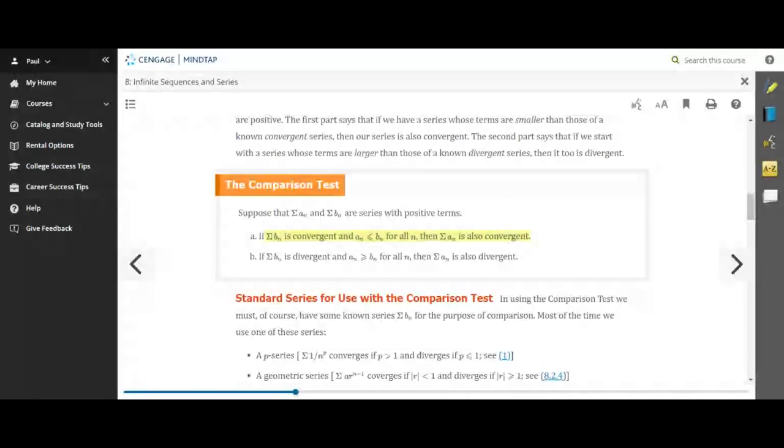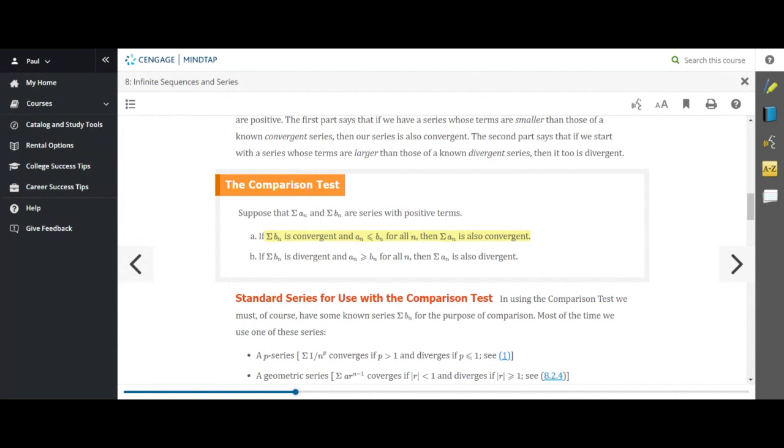Okay, so this is the comparison test that is in the book, and we used part A of the comparison test. We had the larger p-series that converged, and so our smaller series converged.